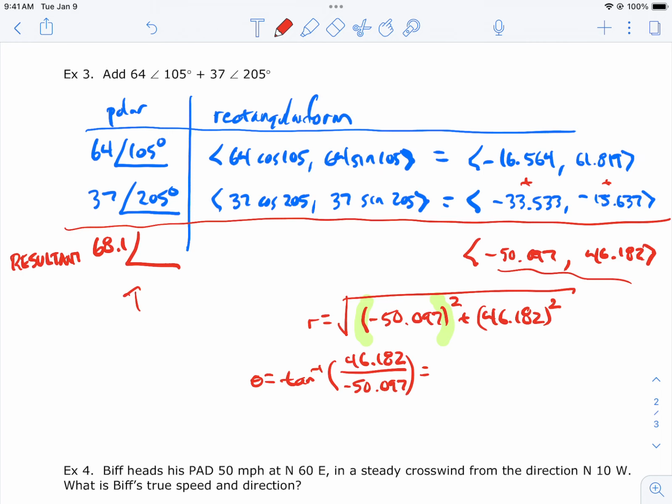And now I'm going to hit equals, and then I'm going to go shift tangent of the answer. Boom. I get negative 42, and if I round back now, it's negative 42.7 degrees. Now, what do you think of this move? Does that look like a good move to you? That's a terrible move. That's a terrible move. Why is that a terrible move?